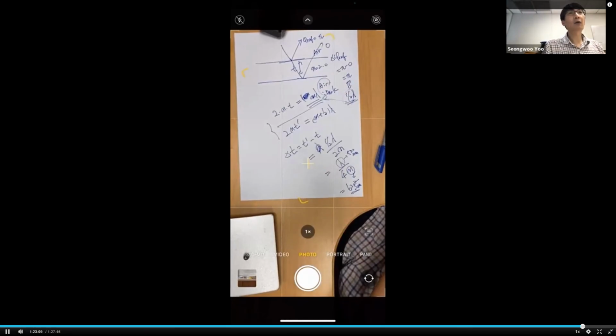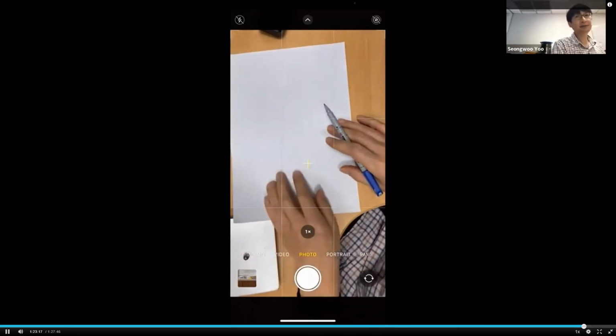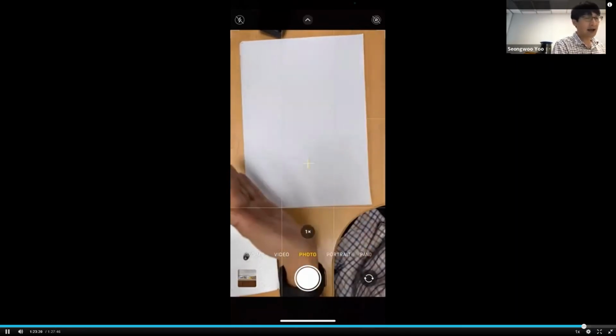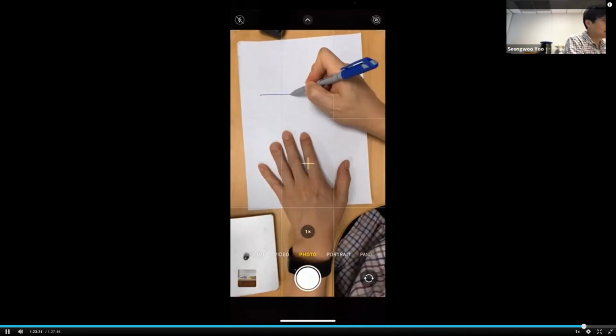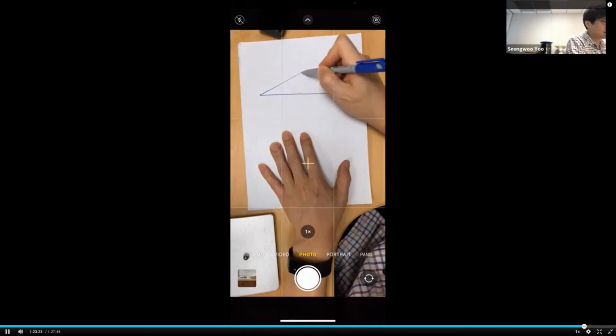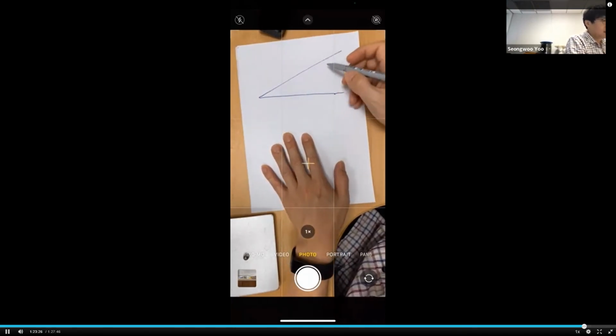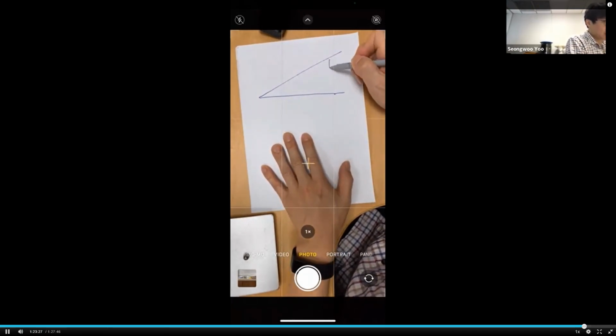Now I want to keep using my hand drawing to explain the interference pattern from this air wedge. This is the air wedge with a thickness of t.